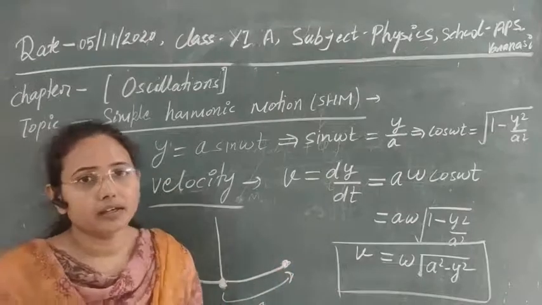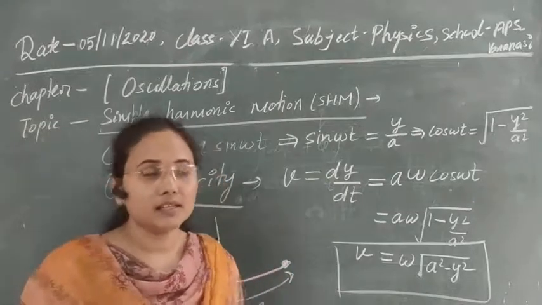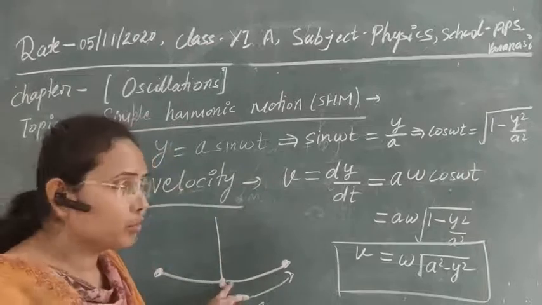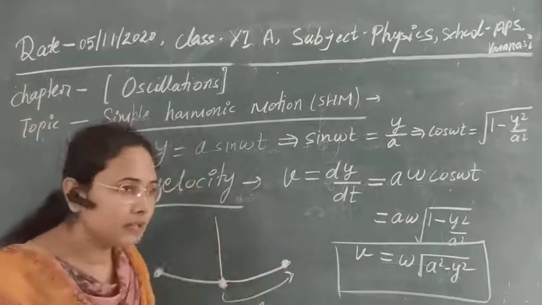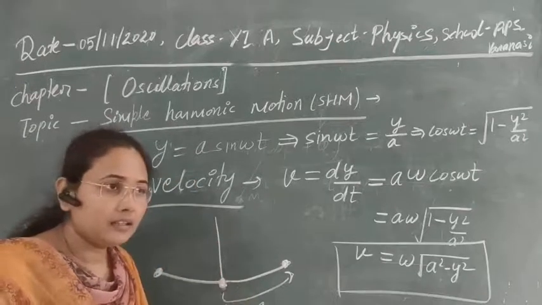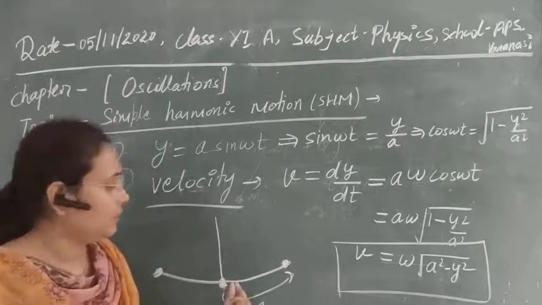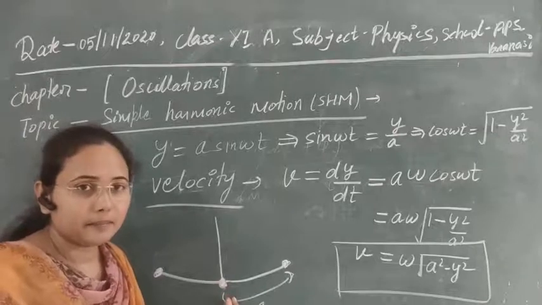If we talk in terms of kinetic and potential energy, here the energy will be totally kinetic, no potential energy will be here, means there is no possibility for the particle to come to rest here.